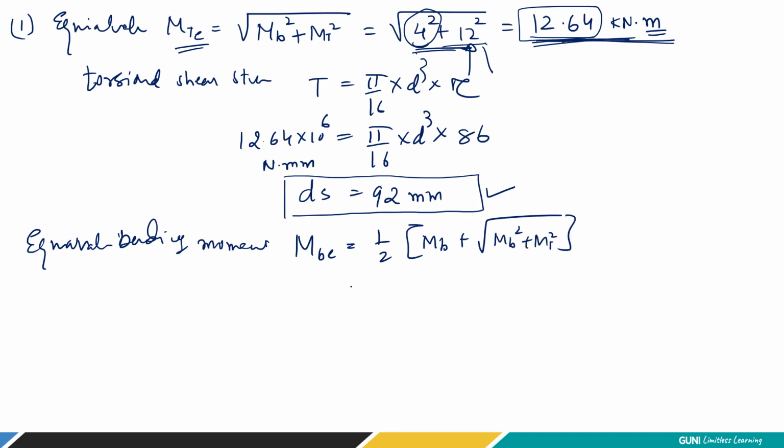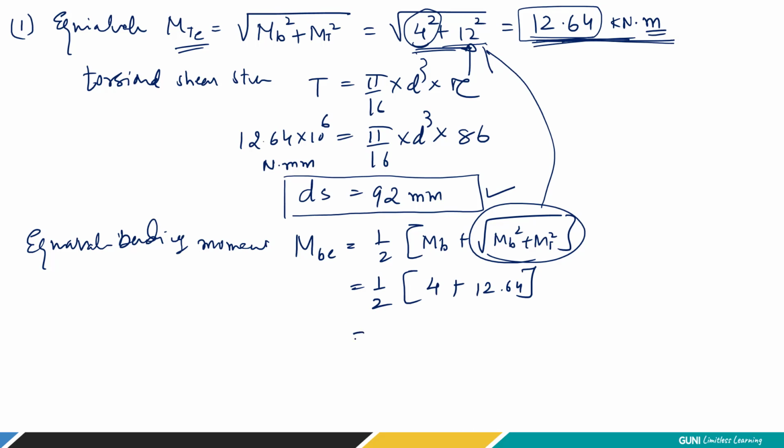Now the bending moment is 4, and I think this is the same part, right? So I am going to directly replace this 12.64 rather than recalculate the value. So the final answer is equivalent bending comes out to be 8.32 kilonewton meter.